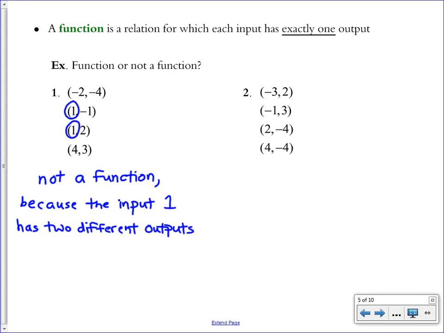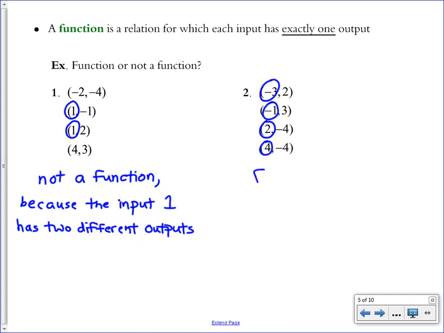Whereas the second example over here, I have 4 different input values: -3, -1, 2, and 4. And even though the 2 and the 4 both connect to the same output, that's not what we're testing here. We're testing to make sure that each input goes to only one output. And that's true, because none of those input values are repeated.